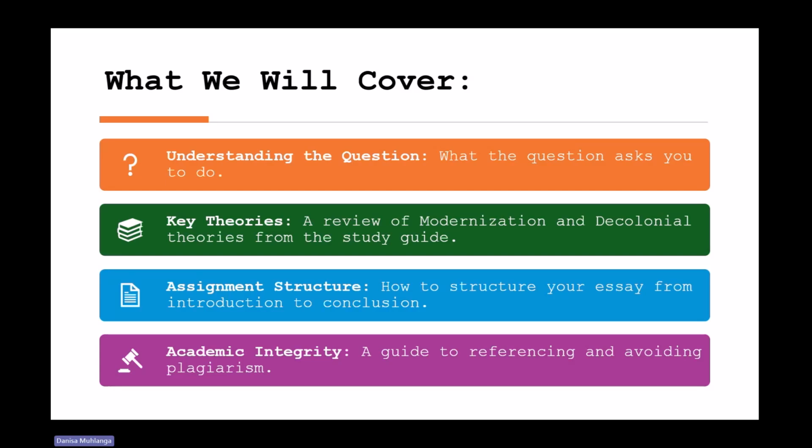You should also be able to check the structure of your assignment, how to structure your essay from the introduction to conclusion. Okay, so we'll cover that as well. We'll also cover academic integrity, which is a guide to referencing and to avoid plagiarism. Okay, so these are the things we'll cover today.